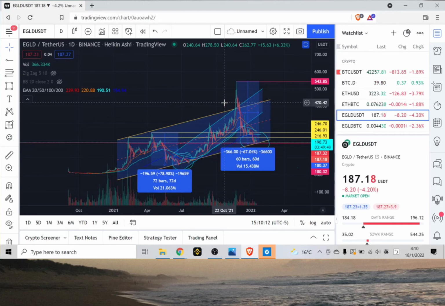So we came down from 246 to 50, which is a 4x, 4.5x, and now 540 to 180, so a 3x. So you can see the pattern, if it repeats itself, it will be a less severe correction. So let me get rid of that.